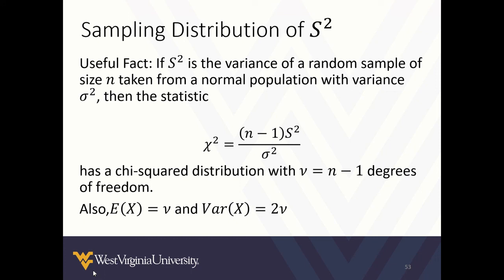This gives us a statistic of chi-squared equal to n minus 1 times our sample variance over our population variance, and it follows the chi-squared distribution with degrees of freedom n minus 1. In our case, this would give us a mean equal to our degrees of freedom and a variance equal to 2 multiplied by our degrees of freedom.